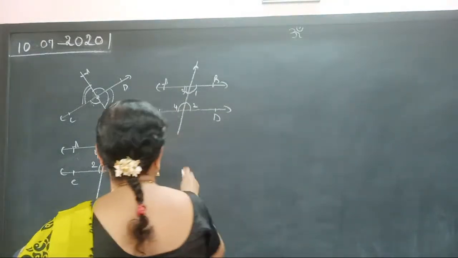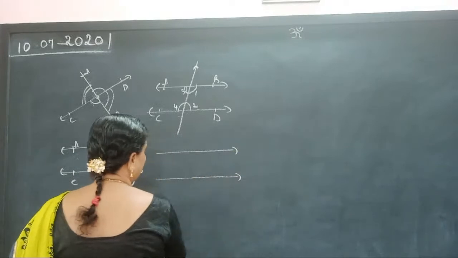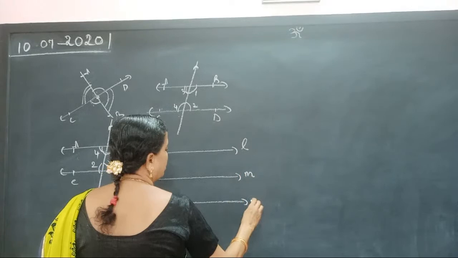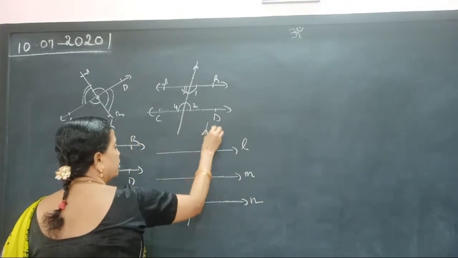Next, theorem 6.6. Lines which are parallel to the same line are parallel to each other.